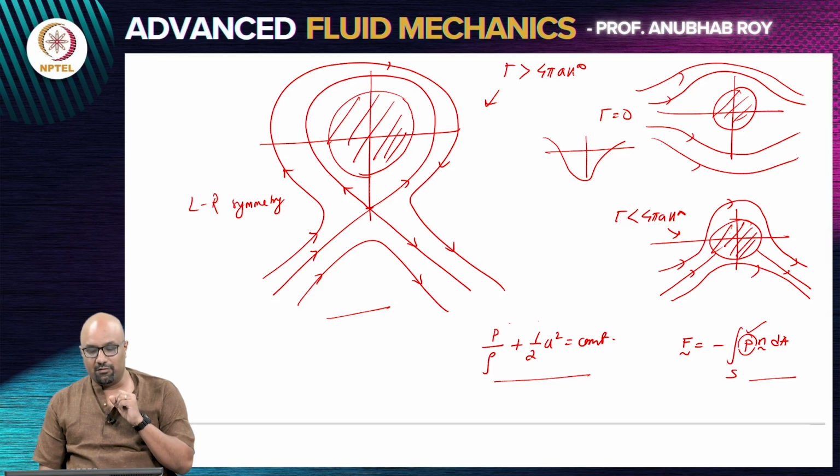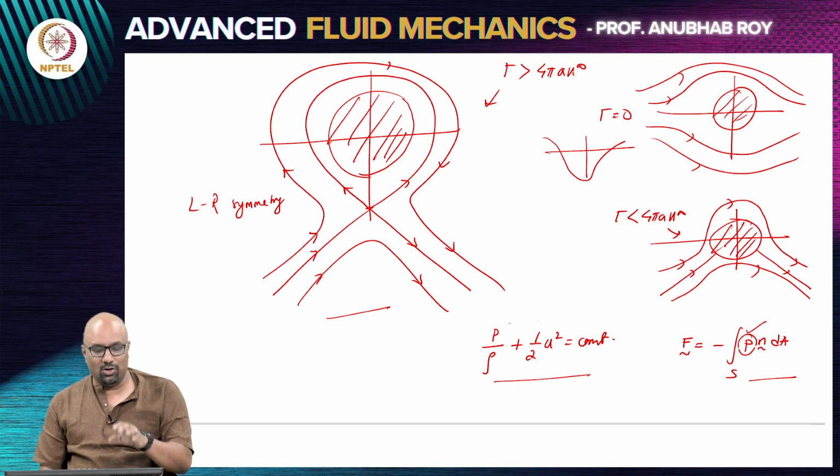So now if your velocity field has left-right symmetry, your pressure field will reflect that left-right symmetry just because you have the Bernoulli relation to work with, right? If your velocity field was left-right symmetric, your pressure field also should be left-right symmetric, which means without doing any calculation, you can immediately conclude in this problem that the drag should also be 0, right?